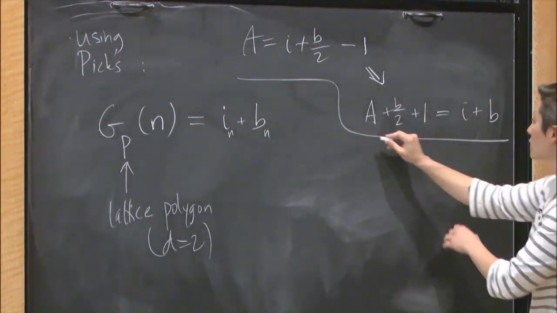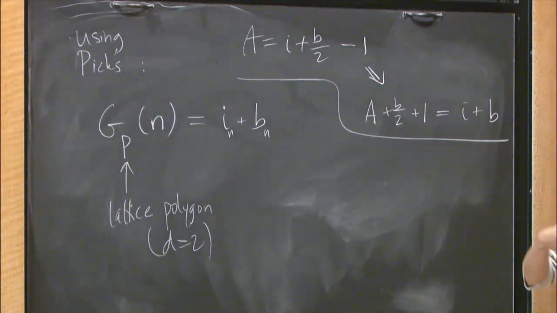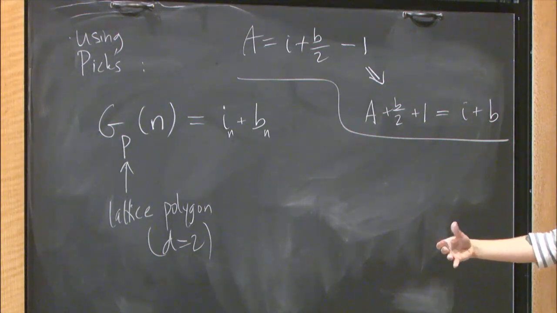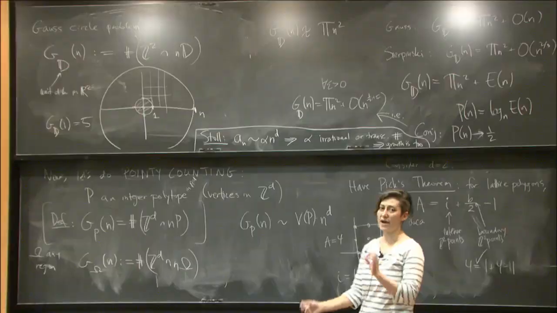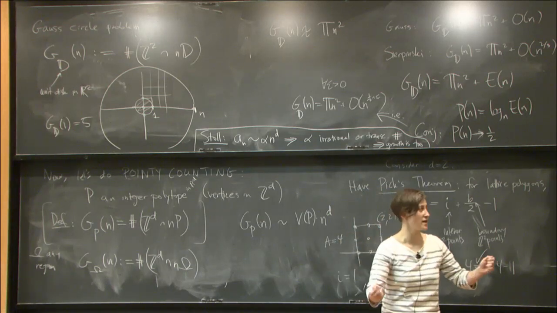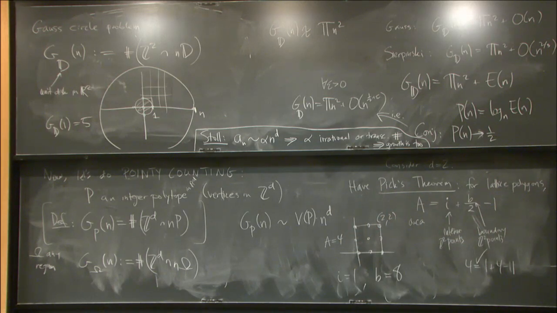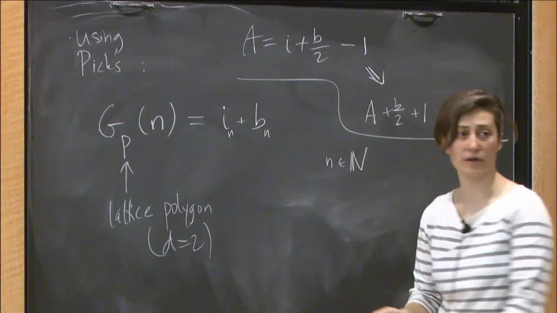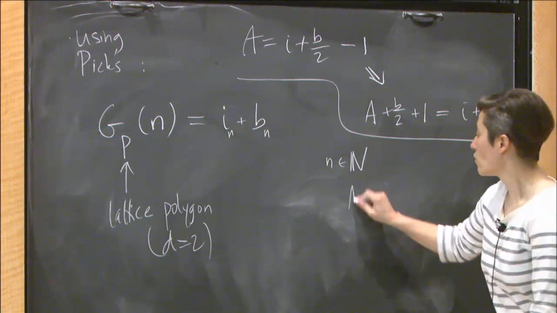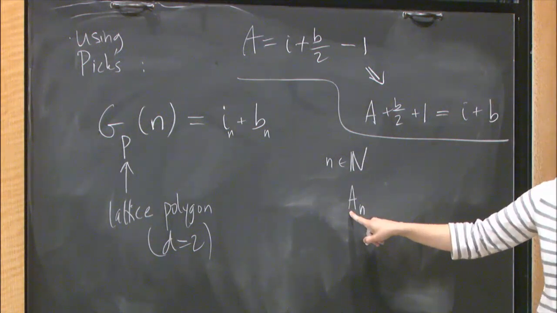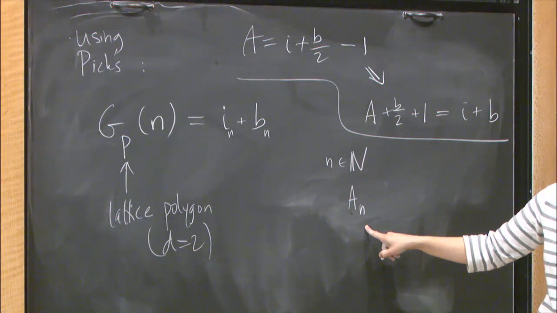Okay, but let's use this formulation and see what happens when you scale. Now, I'm going to just take the case that I'm scaling by integers for the moment. So let's take n to be a natural number and see that we can get something really nice. When n is a natural number, what is the area of the n dilate?